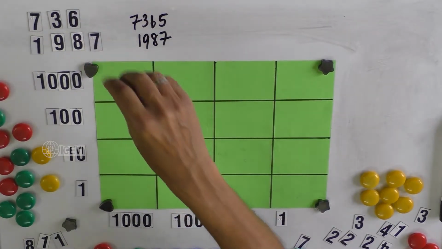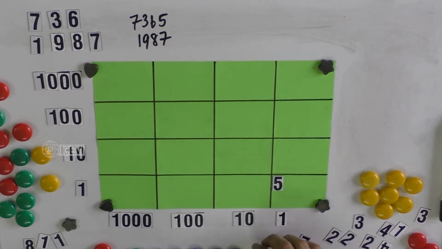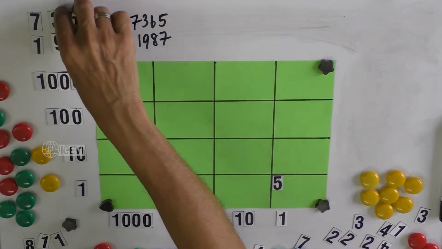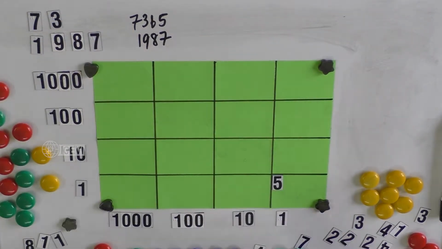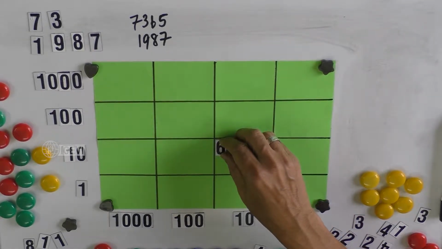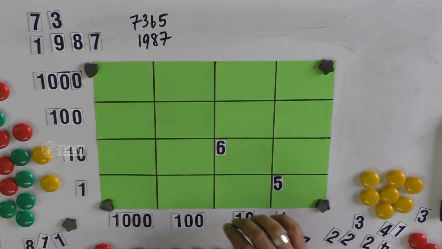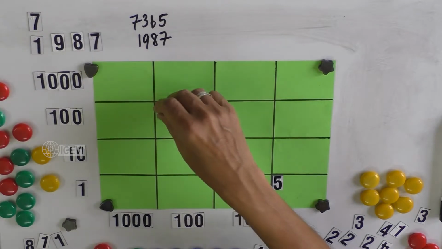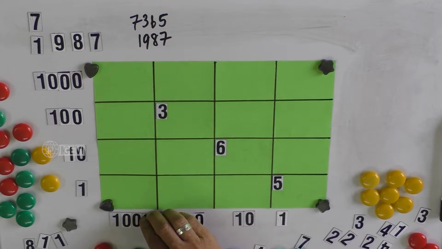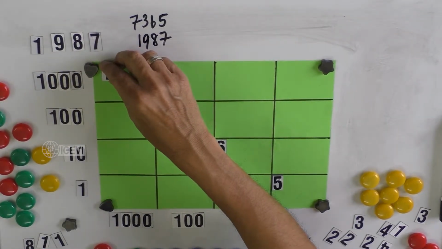Now let us take the first number. 5 is placed in the unit column because it has the least value among the digits of 7365. Now take the 6 and place it in the 10th column because it has the 10th value, and 3 is placed in the 100th column, and the 7 in the 1000th column.